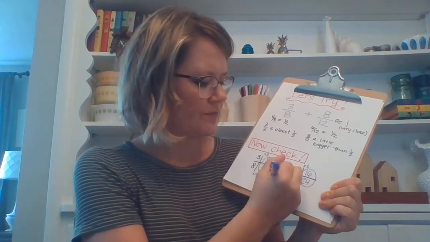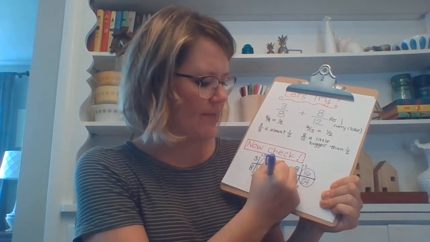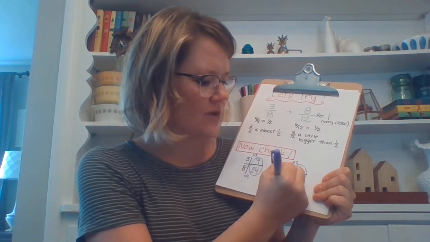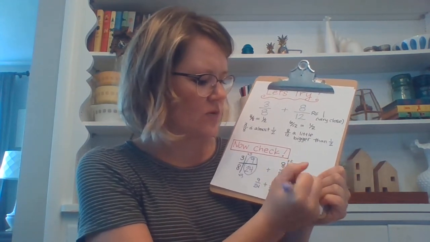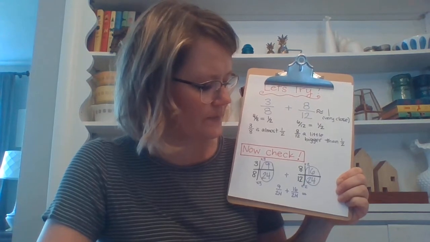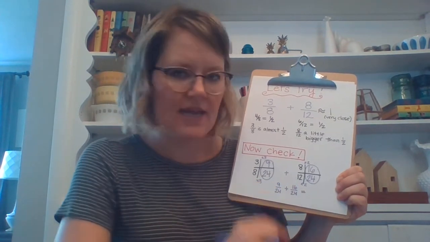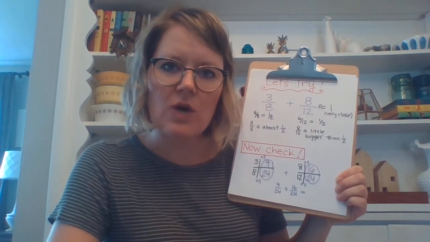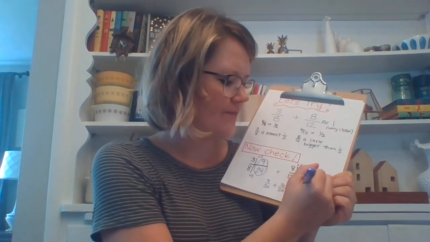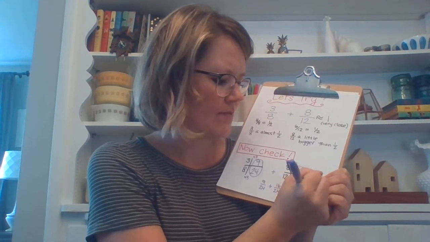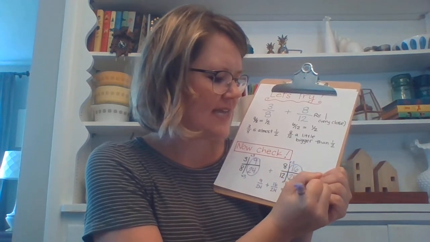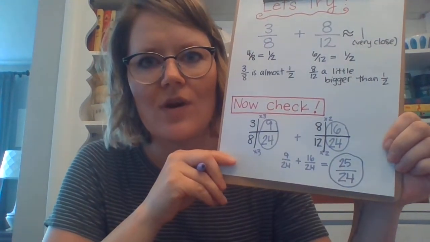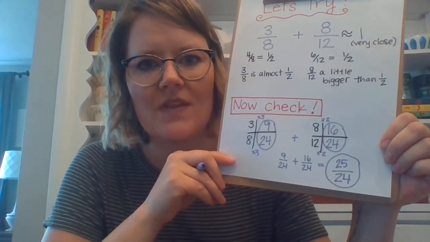So I'm going to add those up down here, 9/24 plus 16/24, and that is going to equal, well, 16 and 9 more, 16 plus 10 is 26, subtract 1, 25. So the exact answer is 25/24.